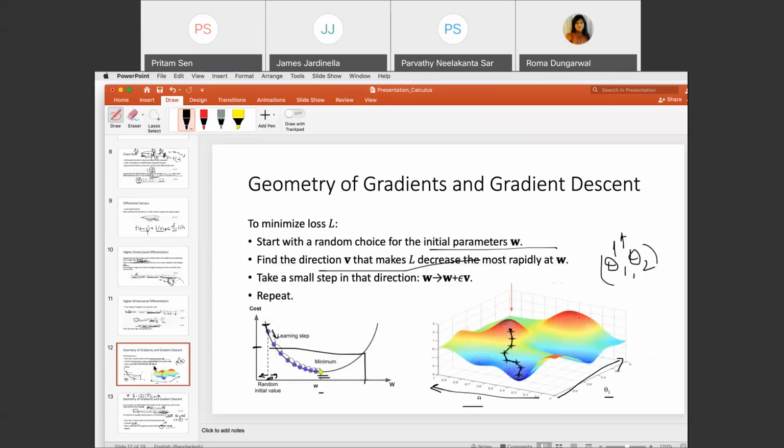Then we showed gradient descent for machine learning. Initially, we choose initial parameters for the weights and then calculate the loss. Then we make a change in the weights and calculate the loss again, and we go in a direction so that we can minimize the loss. We continue repeating the same steps again and again until we get the minimum loss. This is gradient descent.